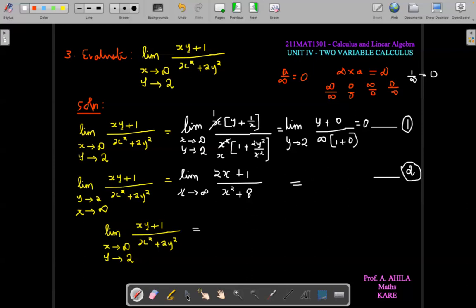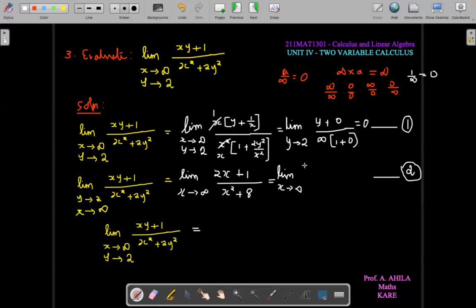Again, I have to take x as common. Okay. So if I take x common, until I substitute, I have to write this limit x tends to infinity. So just I am going to make a modification in the function. So I'm not substituting x equal to infinity. So I write limit x tends to infinity.